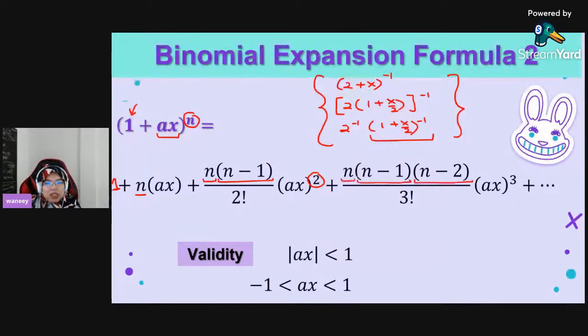So 3 factorial, and then ax cubed. And then plus dot dot dot. Plus dot dot dot means that you can actually do another one with ax to the power of 4, ax to the power of 5, ax to the power of 6, and so on. It keeps on going infinitely. But of course, normally in our syllabus, we only stop up until x cubed or perhaps x squared. So it depends on the question. If they do not mention it, we normally expand up to x cubed.